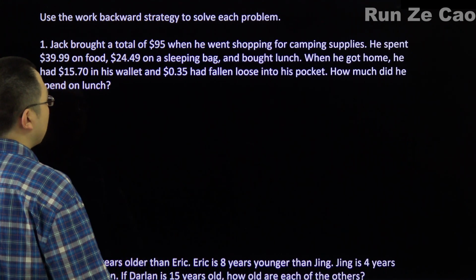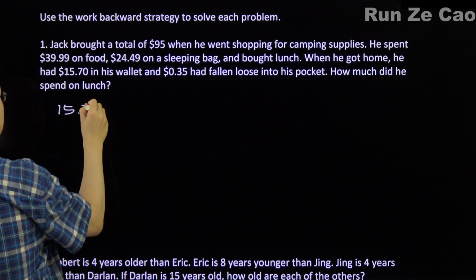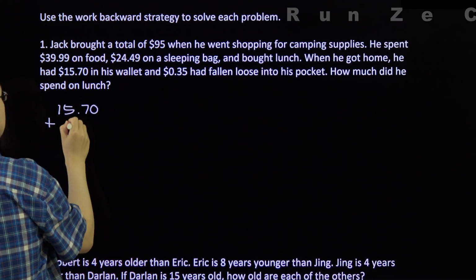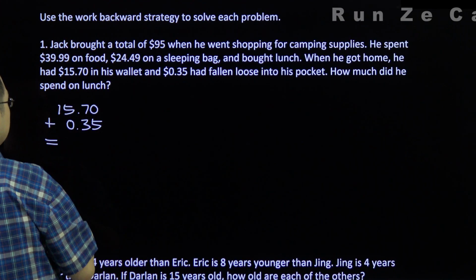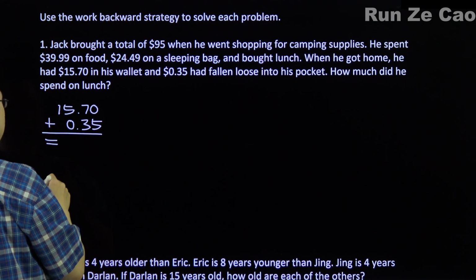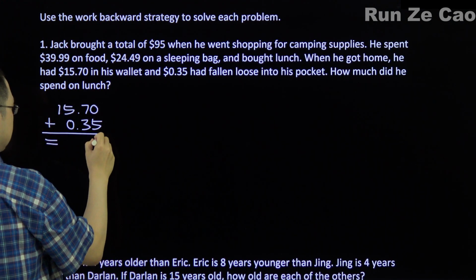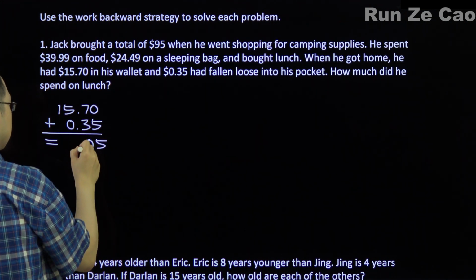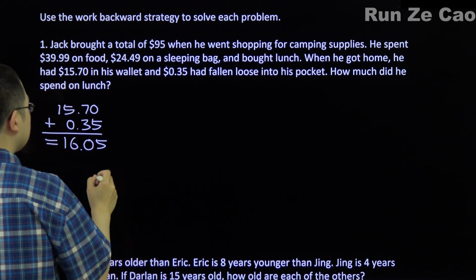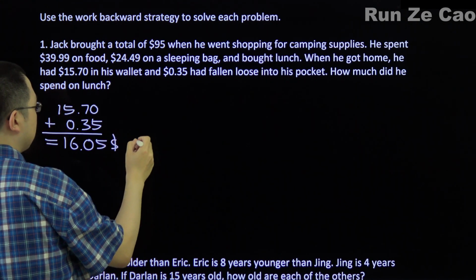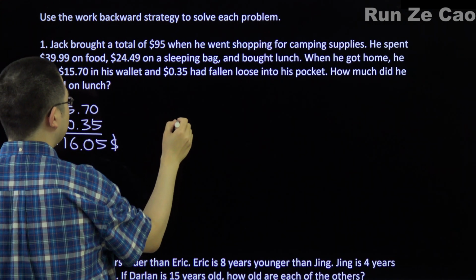So if we work backwards, we have plus 0.35 equals, yeah, okay, you might as well just make this a vertical. 0 and then 6 and 1. Okay, so this many dollars at the end of the day, and this was after how much spent?